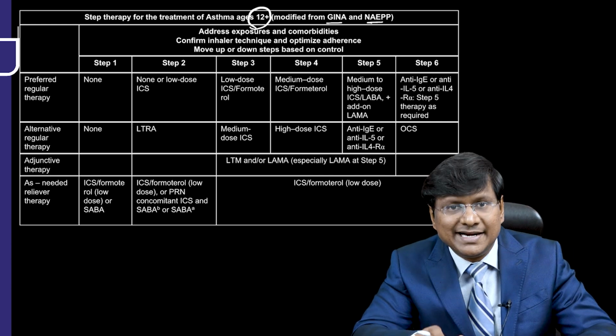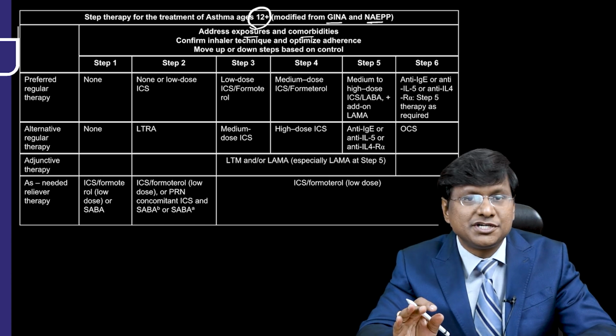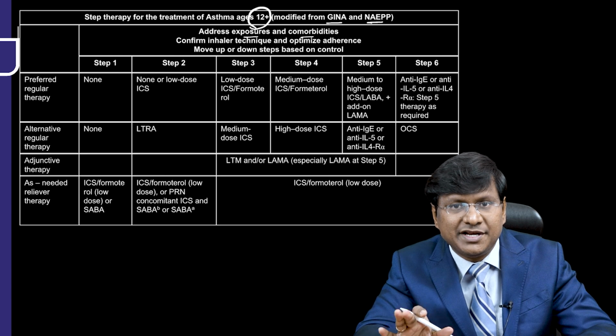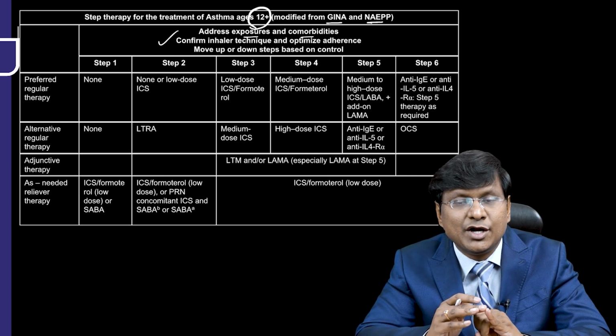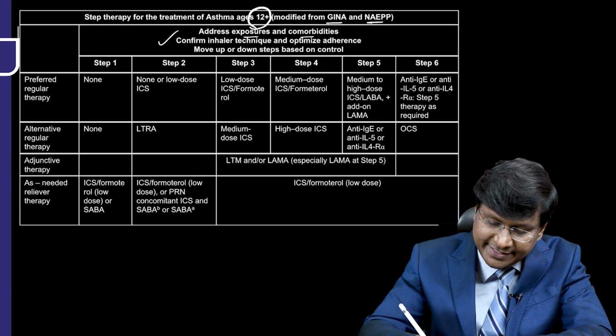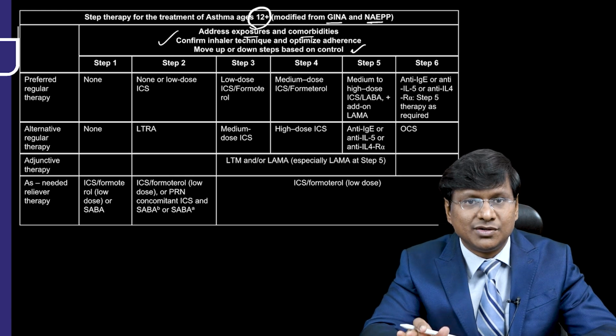Now, you need to address first and foremost the exposures as well as comorbidities, which is very important. Then you need to confirm the inhaler technique and optimize adherence. Then you need to move up or down steps based on control.